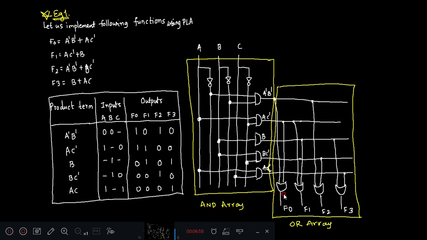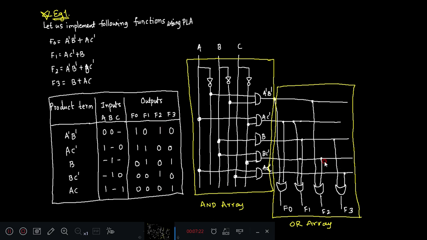For f0, it is a dash, b dash and a c dash. In this case, whenever the a dash, b dash product term becomes 1 or a c dash becomes 1, in that case f0 will become 1. Similarly f1, a c dash and b. Then f2, a dash, b dash and b c dash.